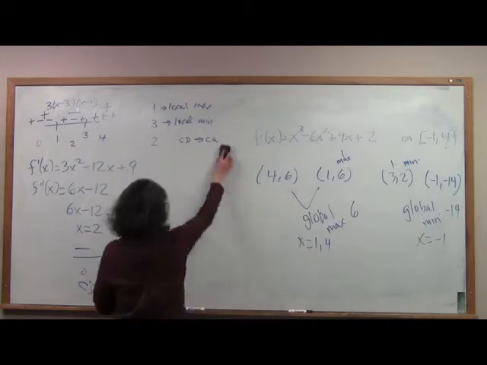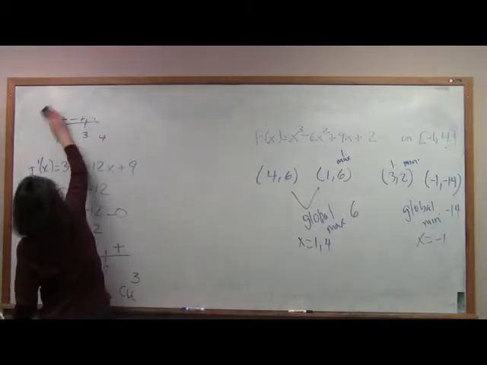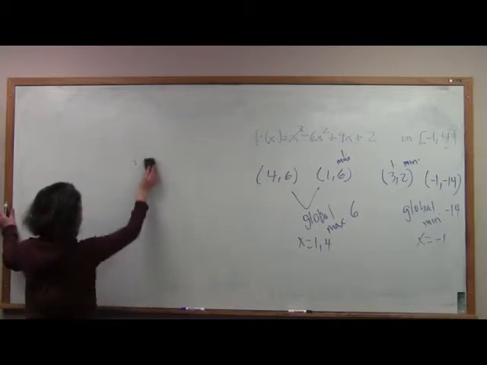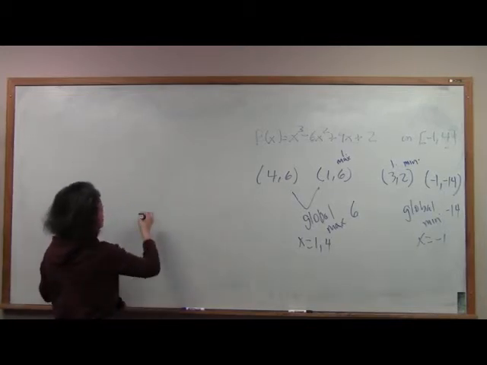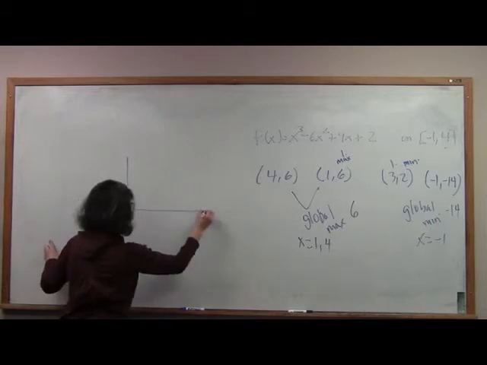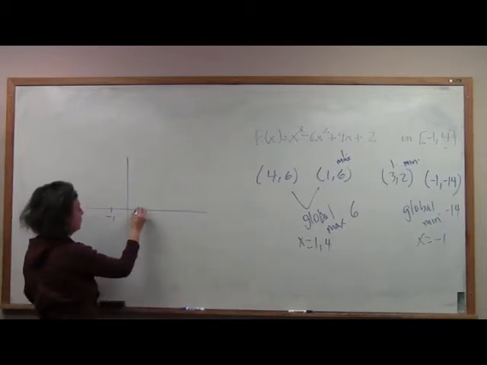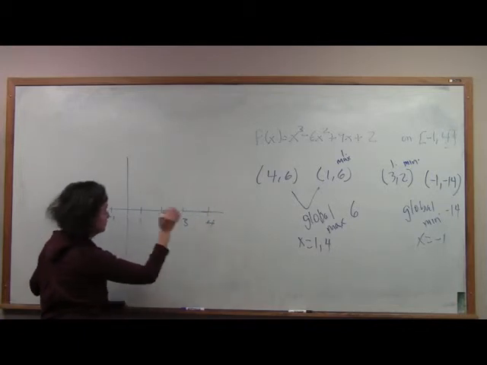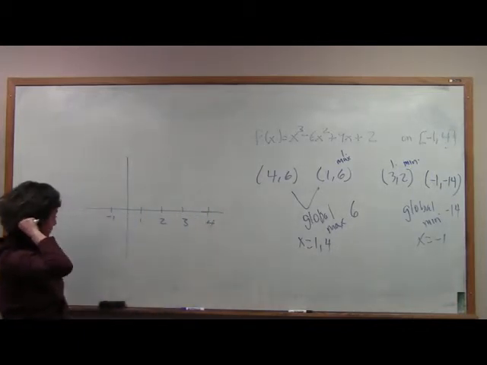So something sort of cool is we could actually graph this function on this interval. Notice we're going from -1 to 4. What do we know?